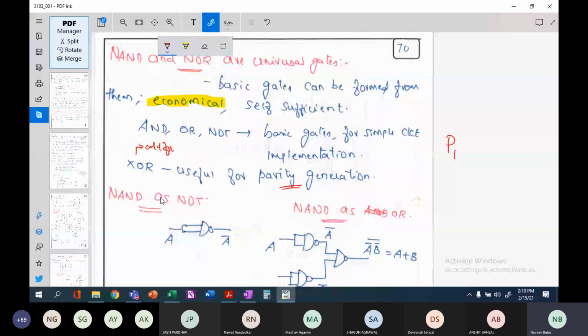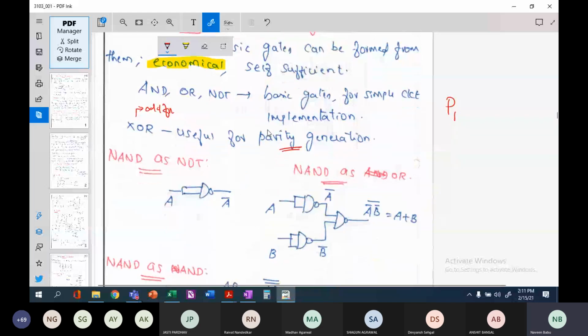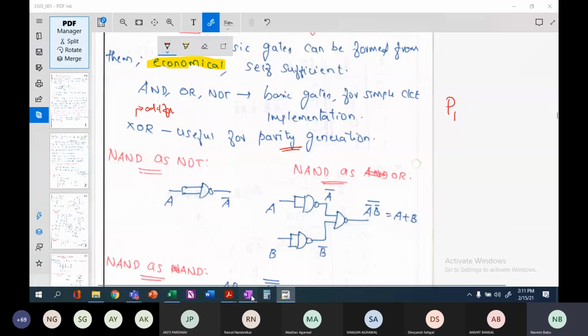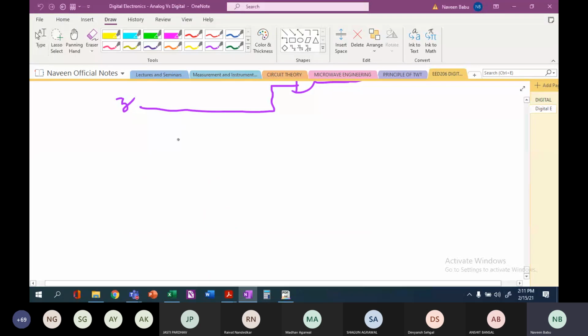Now let us move on to using the NAND gates as the other gates. What is a NOT gate? Say for example, if I am giving A as an input, then my output will be A bar.